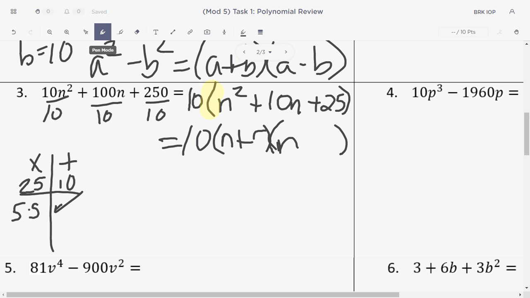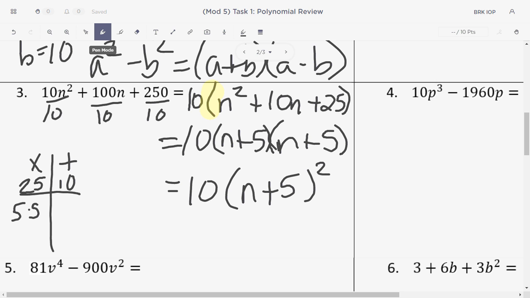And then plus 5 plus 5. Or if you had recognized it as a perfect square trinomial, you would have done it as 10 times (n plus 5) squared. Either one is fine. You don't have to have both, one or the other. Okay, pause if you need to. I'm going to move on to number 4.